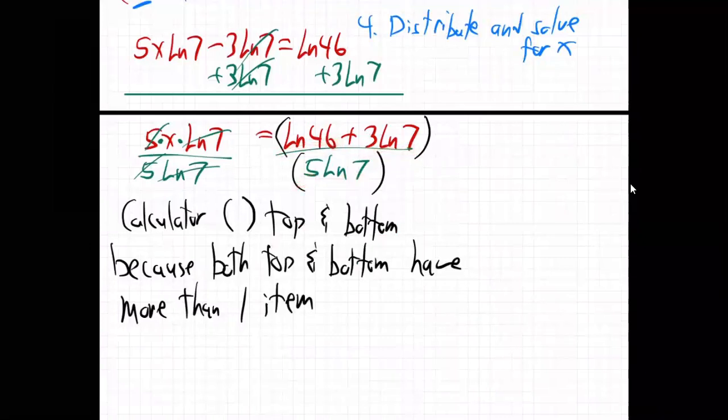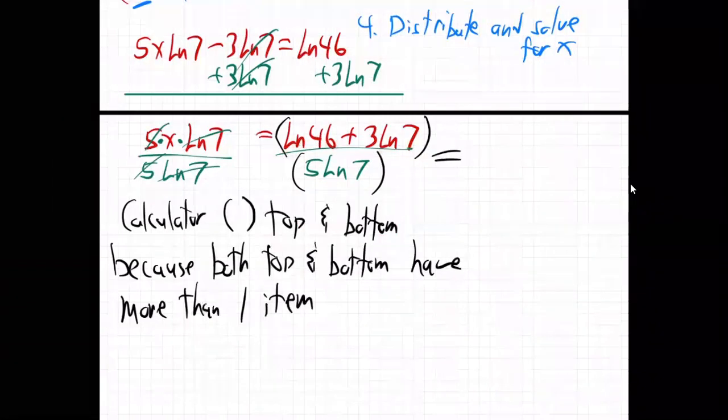So whenever you use your calculator, if the numerator or the denominator or both have more than one item in them, then you need to parenthesize the numerator and the denominator, otherwise your calculator will only divide part of the top or the bottom and you'll get the wrong answer. So on my calculator, I'll just do it right now.